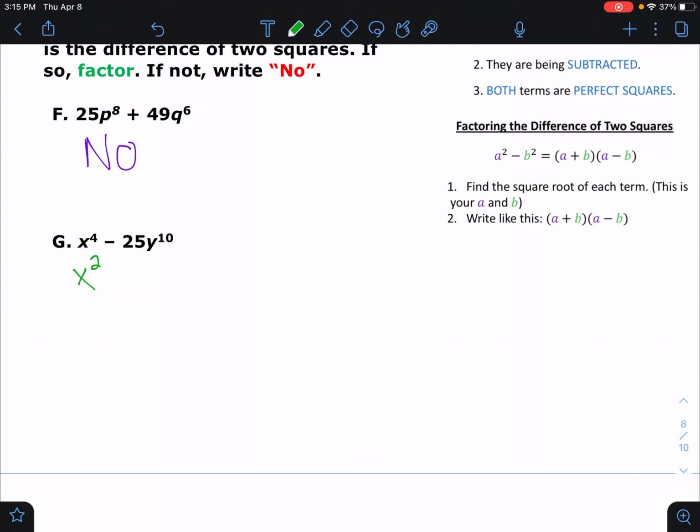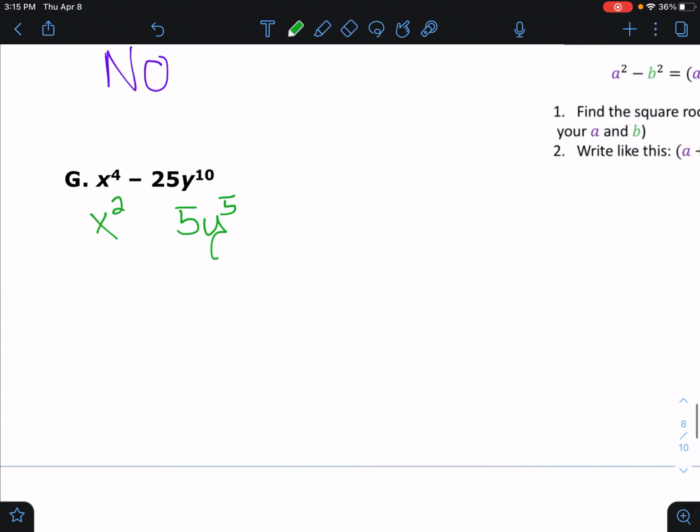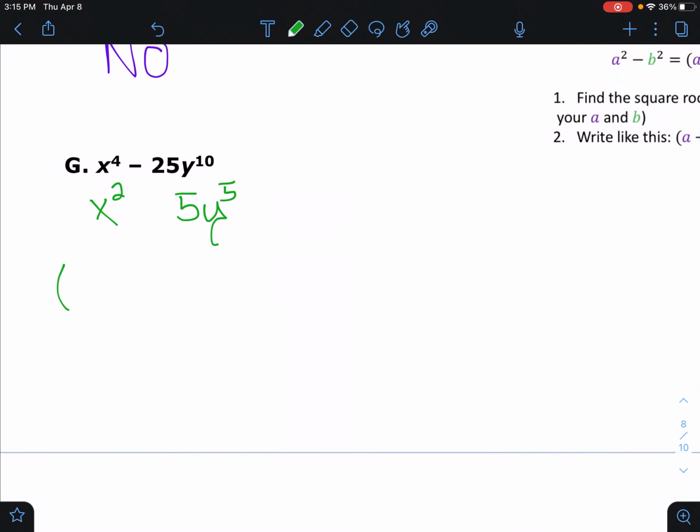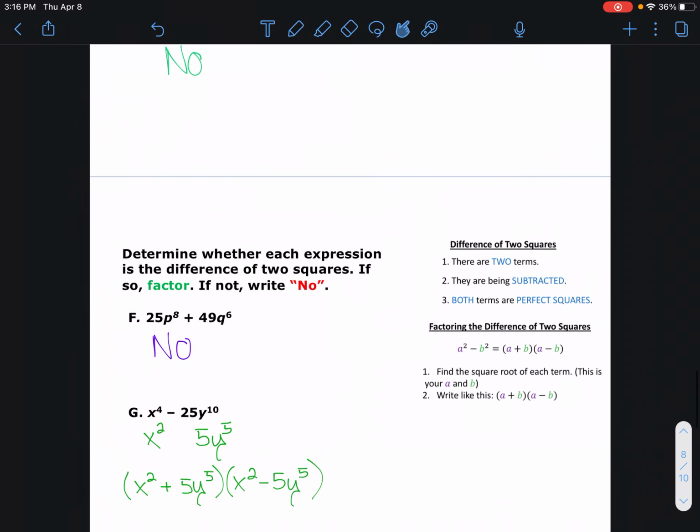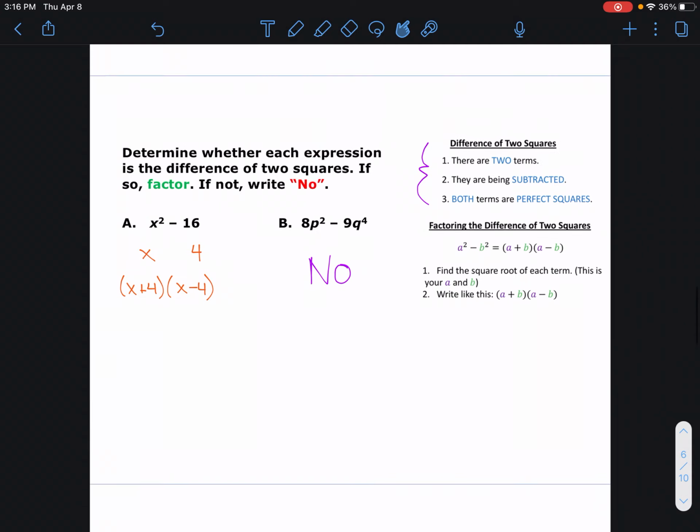The square root of 25y to the 10th is 5y to the 5th. Then I'm going to write x squared plus 5y to the 5th, x squared minus 5y to the 5th. And there we go. That is factored form. You're going to have some that are no's there. Be careful. Take your time.